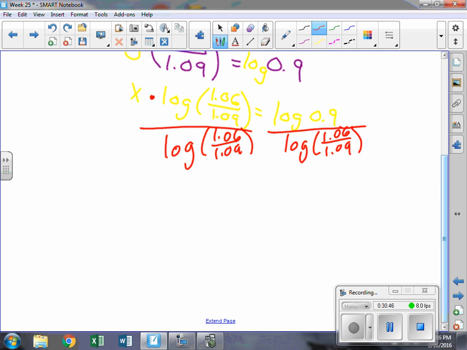And now we have something that we can put into our calculators. The logarithm of 0.9 over the logarithm for this quantity, 1.06 over 1.09.